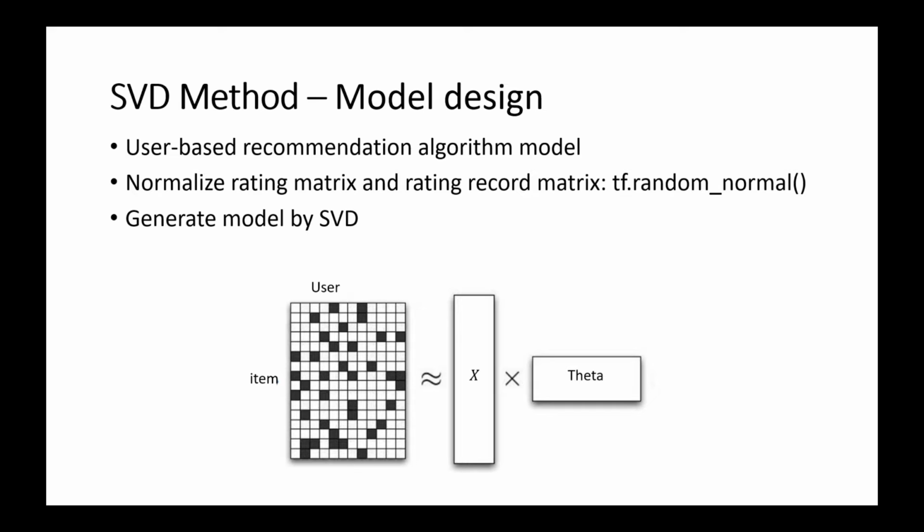In modeling, we normalize the rating matrix and rating record matrix. Then we assume that the movie has 10 hidden features. Next, the user-item rating matrix is decomposed into an X matrix and a theta matrix.